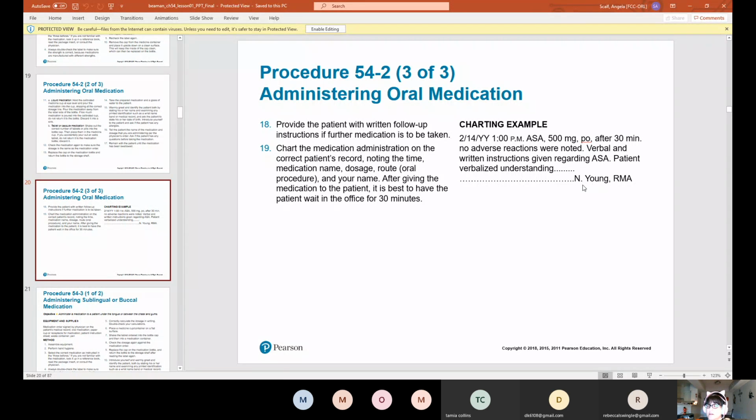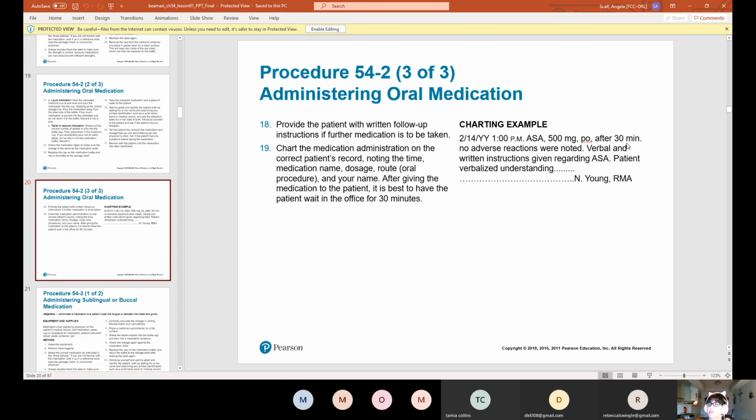And then the MA's initials. And with charting, we want to keep it very brief, very simple, but exactly what was done. So this is telling you that on this date at this time, she gave the patient aspirin 500 milligrams by mouth.